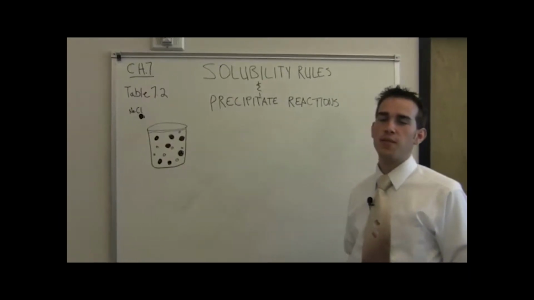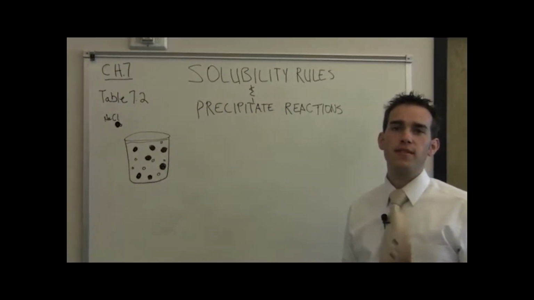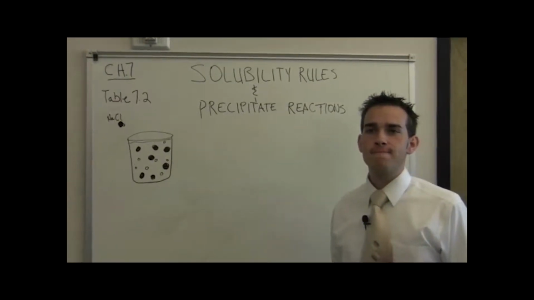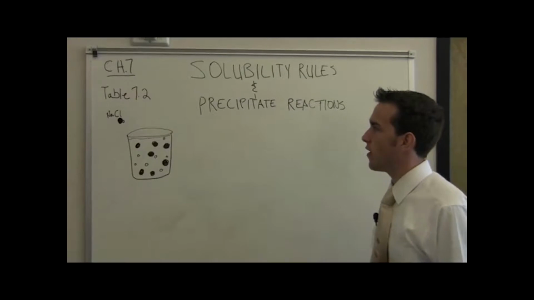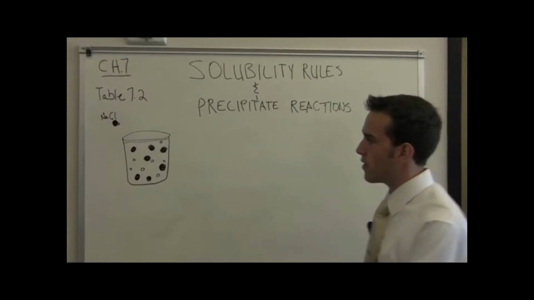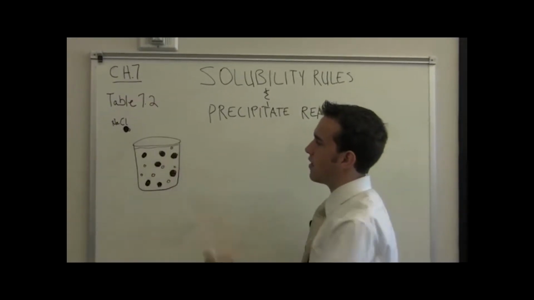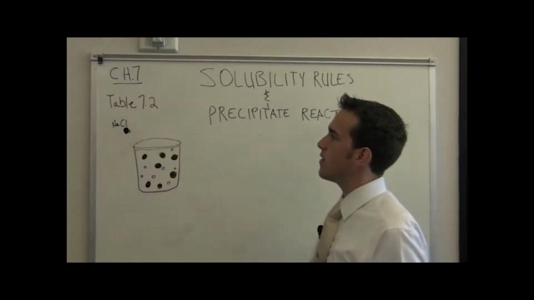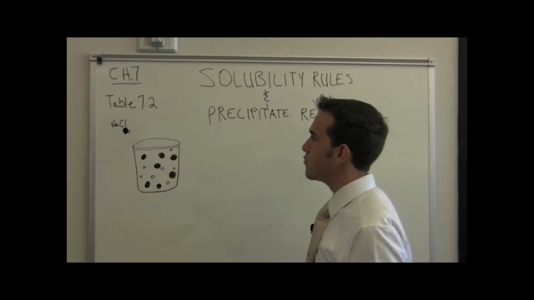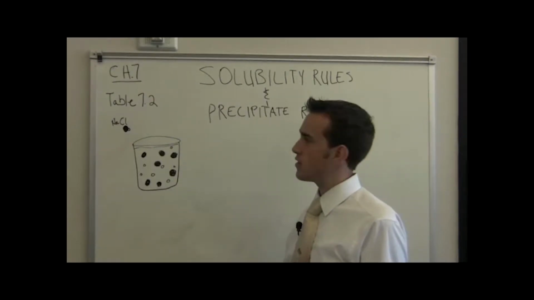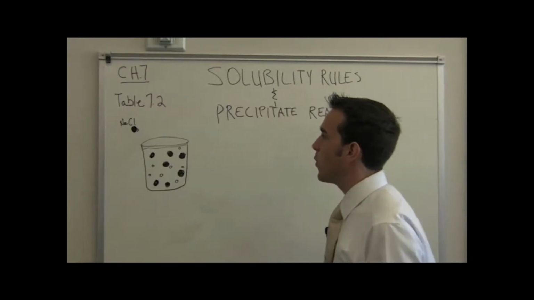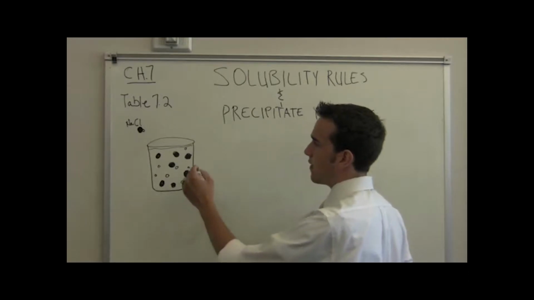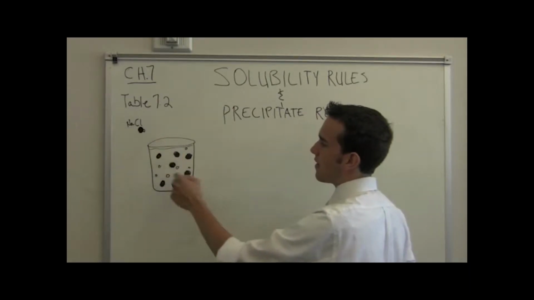Now, when we talk about solubility, we're talking about ionic compounds, so a compound made up of a metal and a nonmetal, when they dissolve in water. For example, I have this little drawing here. If we have the ionic compound NaCl, sodium chloride, and we took a bunch of it and poured it into water, the compound will break down into ions.